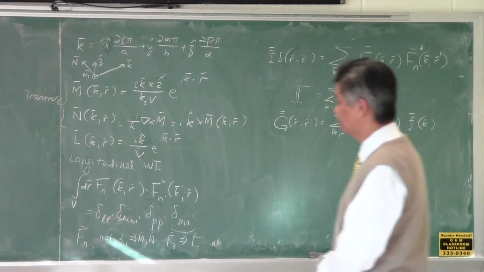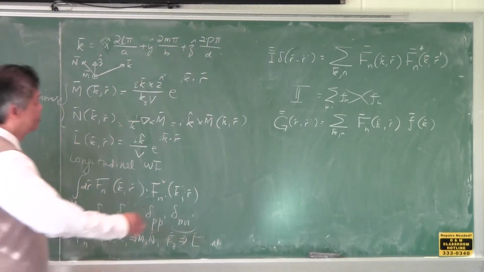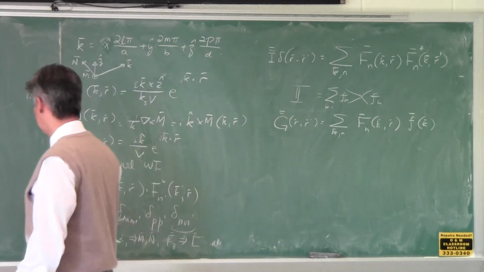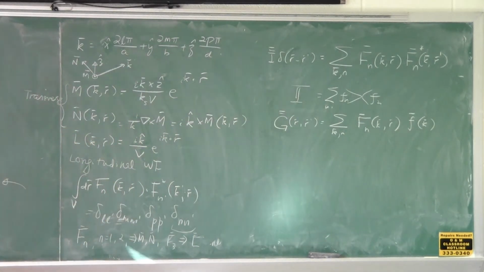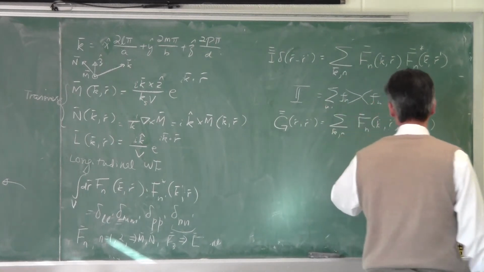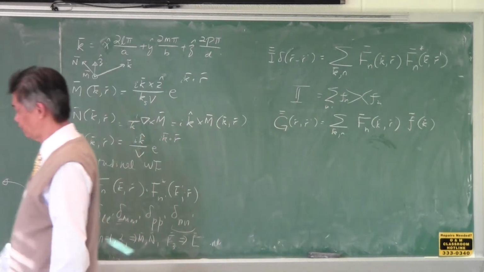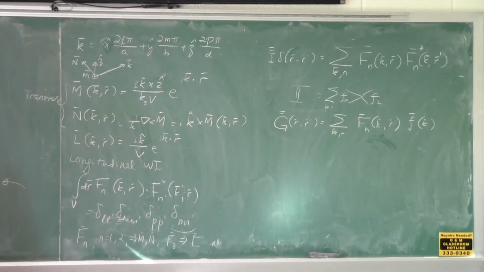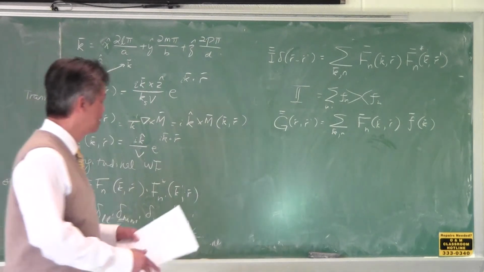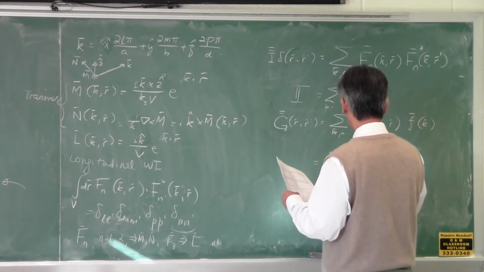I can substitute that Green's function into this equation, substitute the representation for I onto the right-hand side, and do all the derivatives. The derivatives operating on the vector wave functions are very easy to perform because the vector wave functions are solutions to this equation. They will always produce a k squared. And then you can get the direct Green's function very easily, and it should be something of this form.